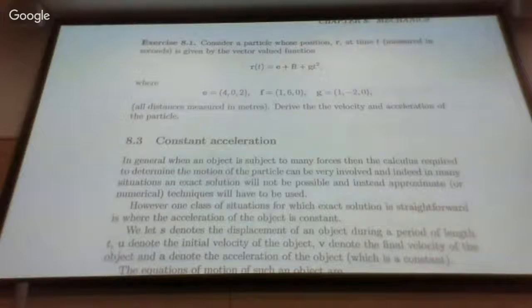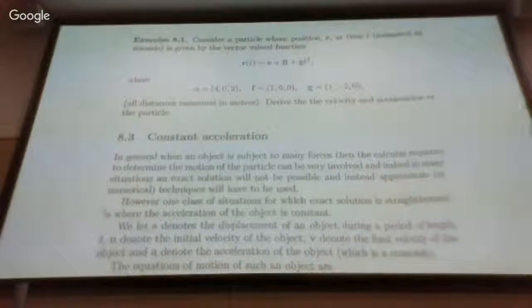So what do we have to do here? Here we're asked to consider a particle whose position r at time t is given by a vector valued function r of t. And it's given as a quadratic in t, so it's vector e plus vector f times t plus vector g times t squared. And we're given the specifications for the e, f, and g vectors, and we're just asked to derive the velocity and acceleration of the particle.